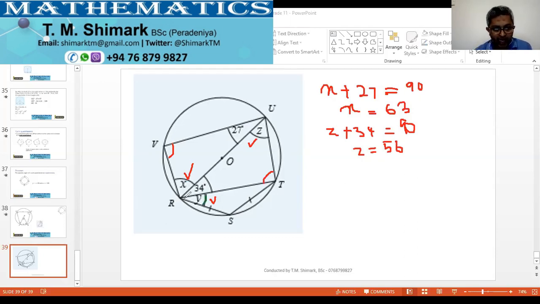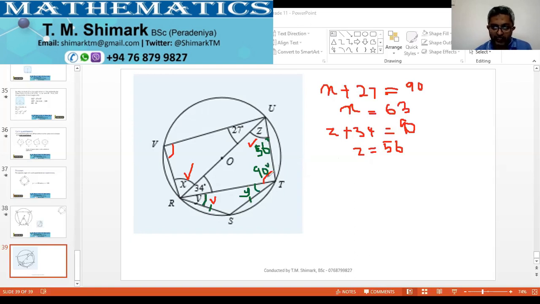And I said RST is an isosceles triangle, it is given here, equal sides, that means this is y, and this is also y, right? So this is also y, already we can see. And then we found z is 56. We already got 90, we used it and found out.